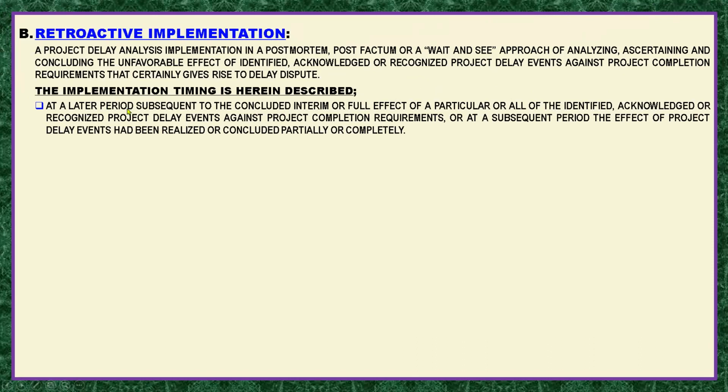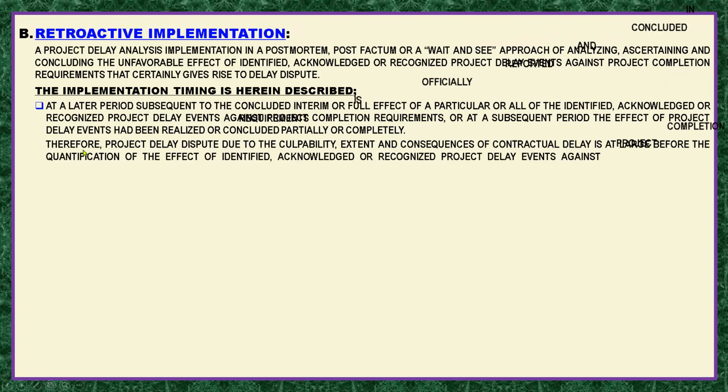At a later period subsequent to the concluded interim or full effect of a particular or all of the identified, acknowledged, or recognized project delay events against project completion requirements, or at a subsequent period, the effect of project delay events had been realized or concluded partially or completely.